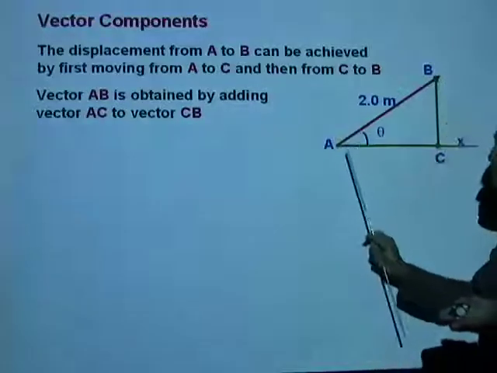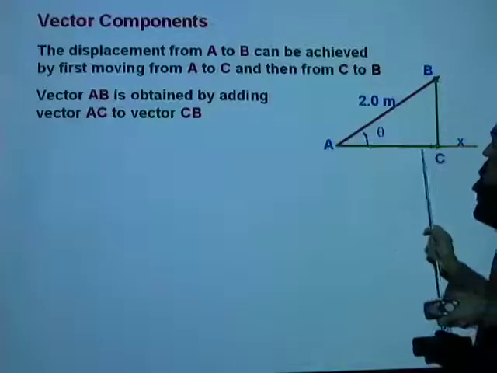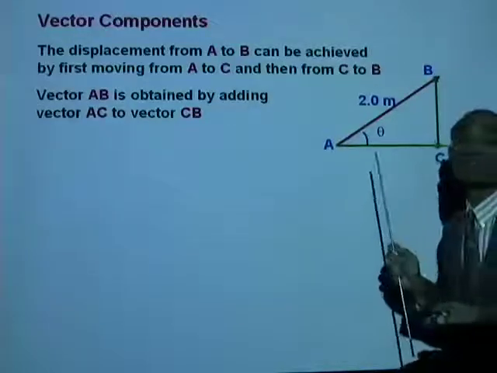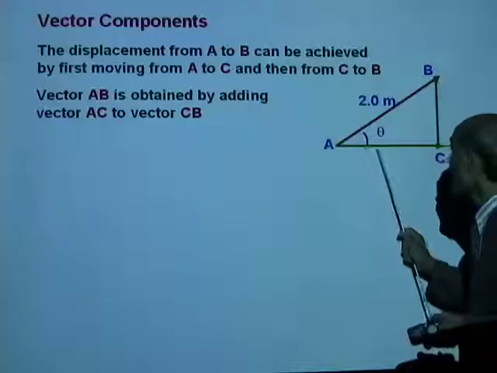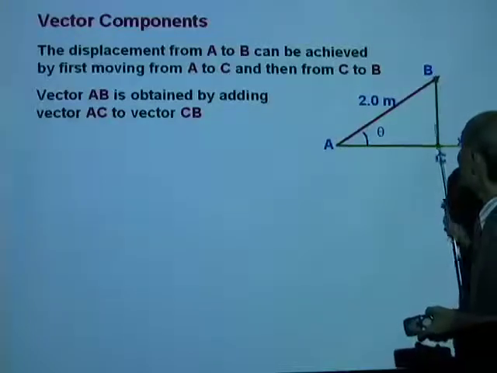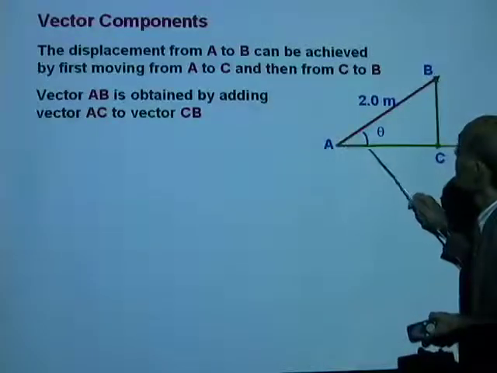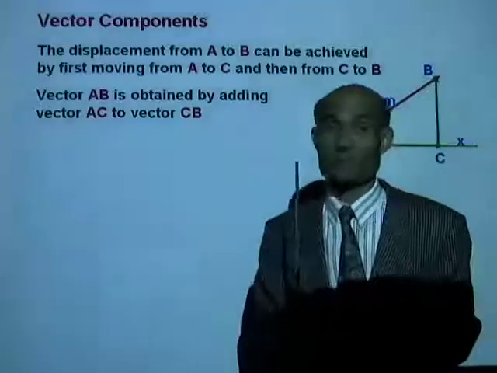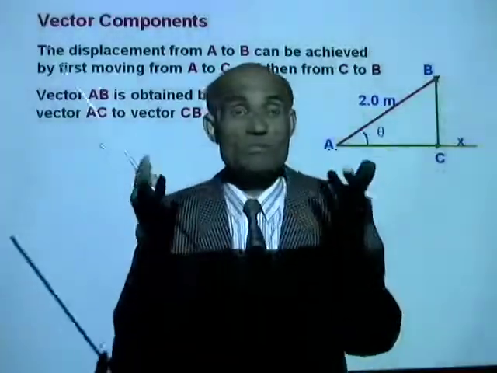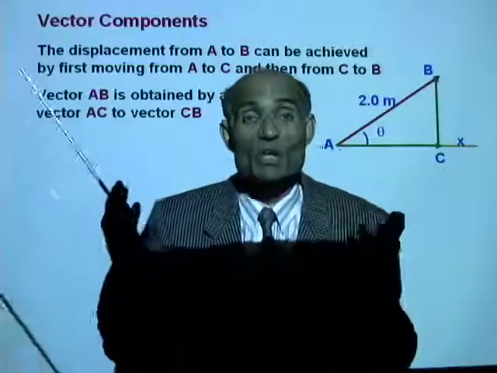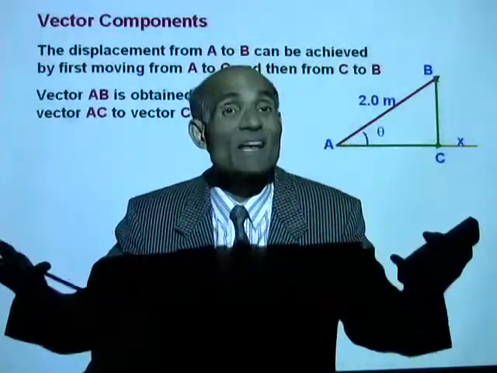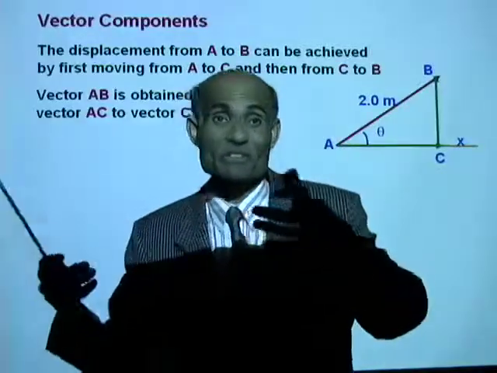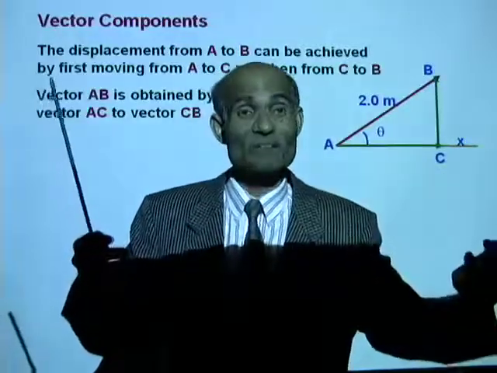Now I want you to understand that AC is a vector, CB is another vector. So if you add vector AC to vector CB, the result is vector AB. Now remember, there is a big difference between adding normal numbers or scalar quantities. We said quantities that are not vectors are called scalars. Is that right?